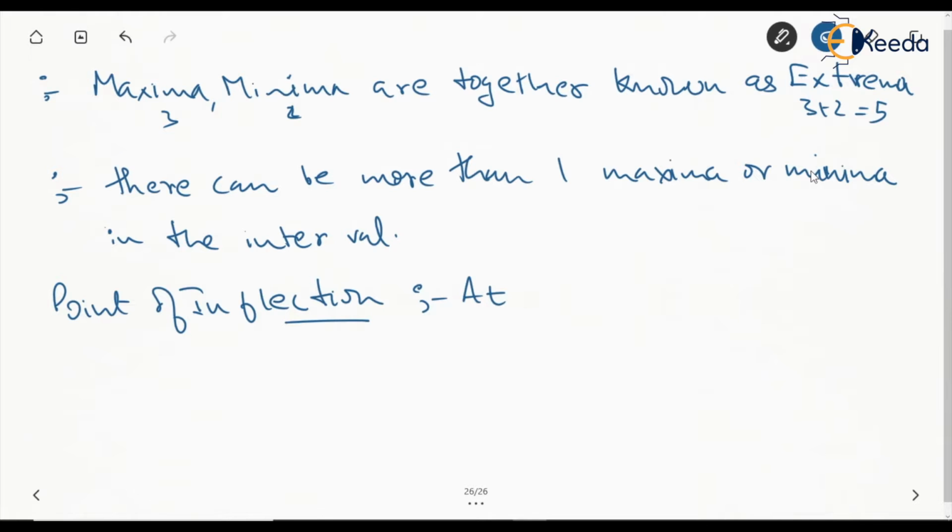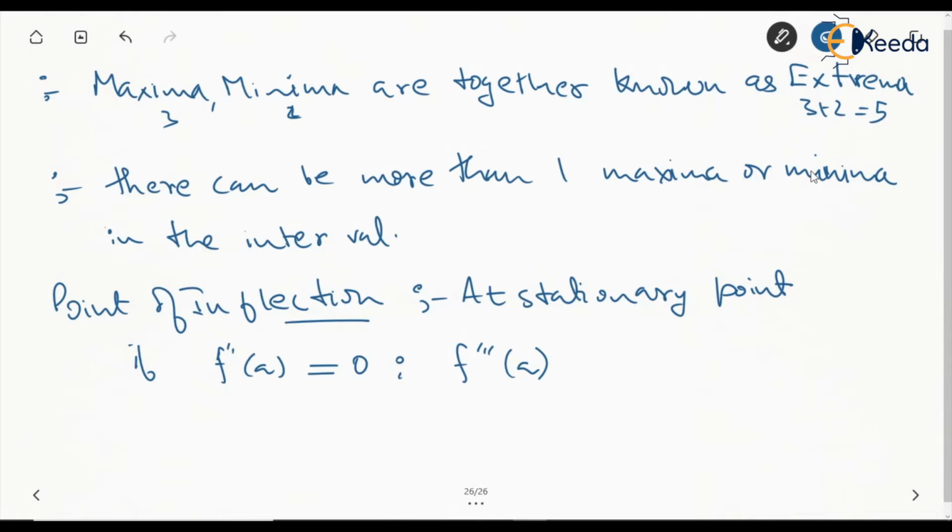At a stationary point, if the double derivative is 0 and the third derivative is not equal to 0, then x is equal to a is a point of inflection. This is a point of inflection.